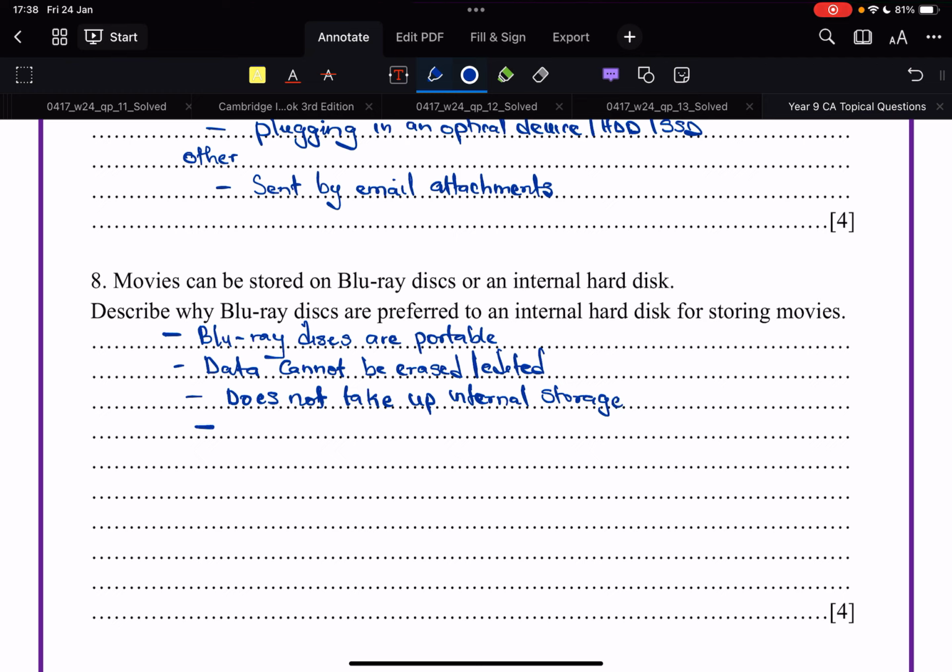For you to have more storage, you can have a large number of Blu-ray discs. Therefore, more storage.